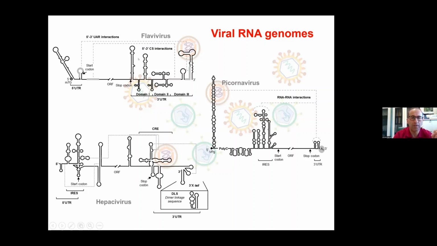As you can see, all of them are characterized by the presence of these discrete structural units that carry important information for the virus. They are universally conserved in structure, and they achieve a role without the need of being translated into proteins.